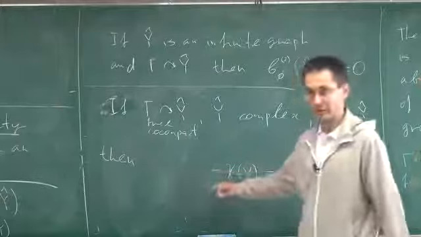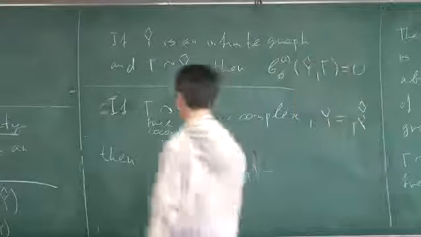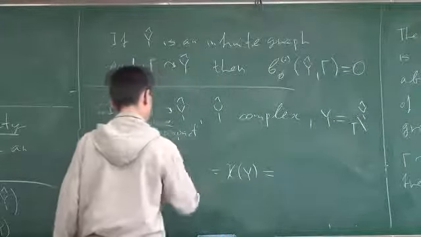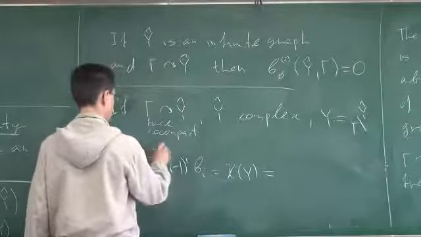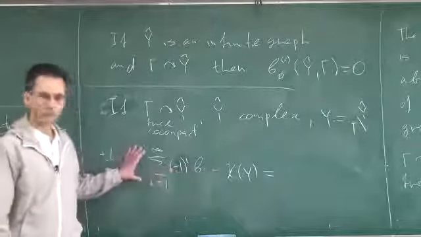One is the classical homological definition of Euler characteristic. This is the alternating sum of the usual Betti numbers. I'm assuming it's a finite complex, of course, so the sum is actually finite.